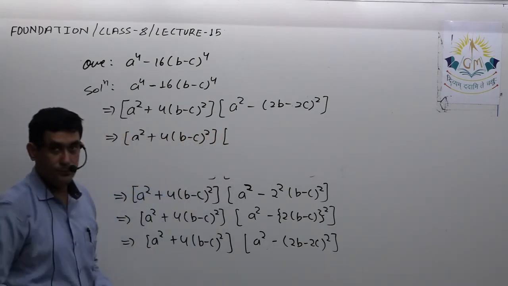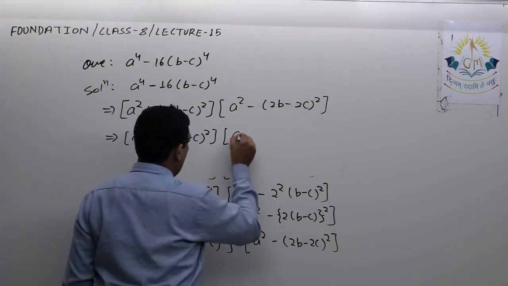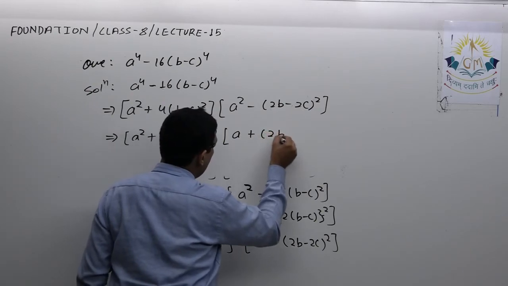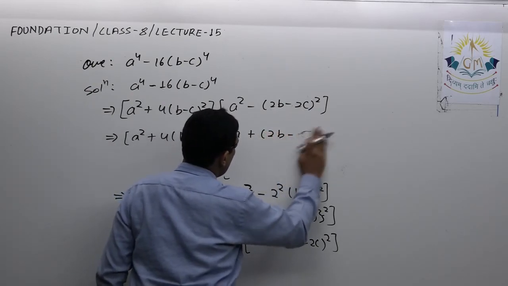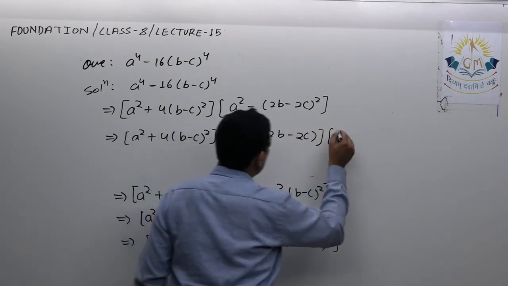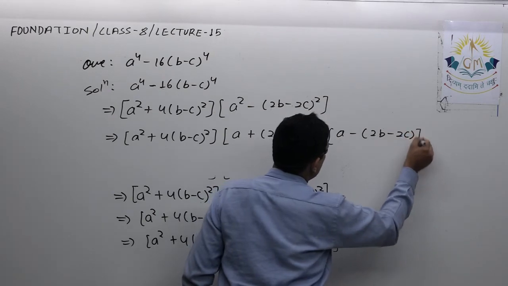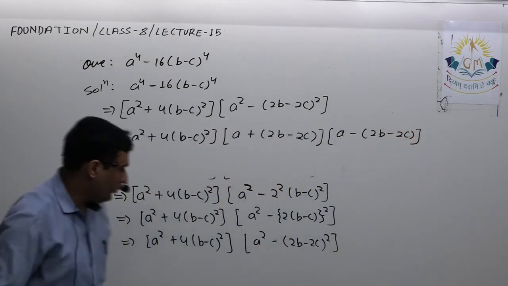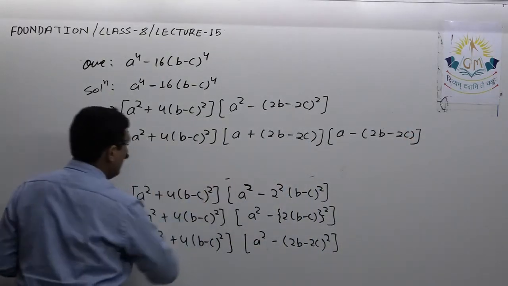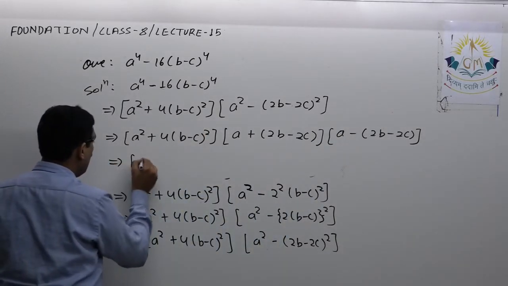Over here it is a square minus b square, that is a plus b into a minus b. Okay, now the last step is left, in which we'll open these brackets.